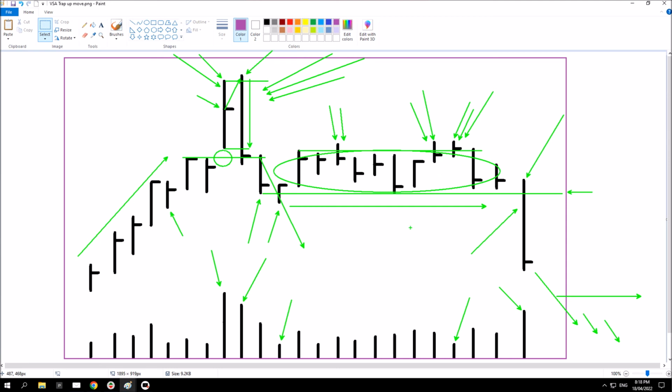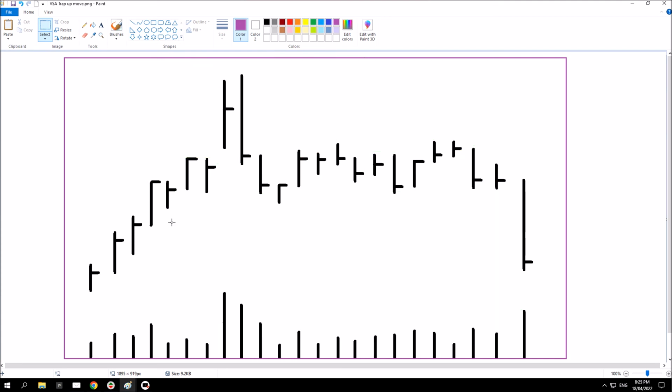And you should also note, I'll just draw that in quickly again. When you're looking at this sort of situation occur, you can see down here that pretty good volumes are still going through.